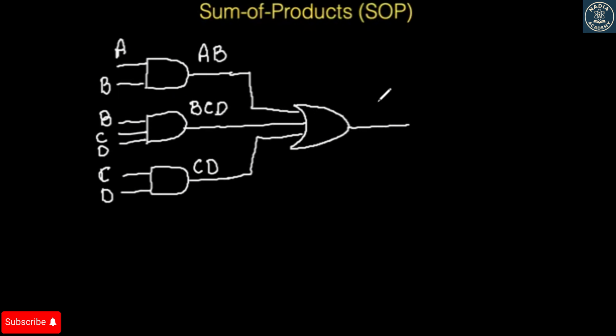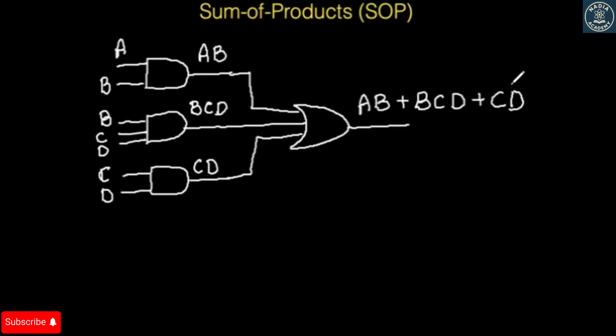The output will be AB plus BCD plus CD. You can see that it is in fact the sum of three product terms. So our resultant Boolean expression is written in the form of sum of products.